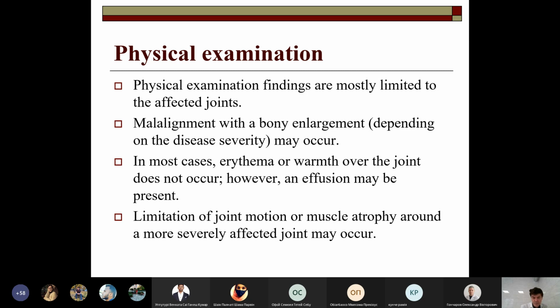Joint enlargement, depending on disease severity and disease activity, may occur regardless of the metabolic profile. So in most cases, erythema in the skin over the joints doesn't occur, apart from the situation with potential complications due to infective complications.